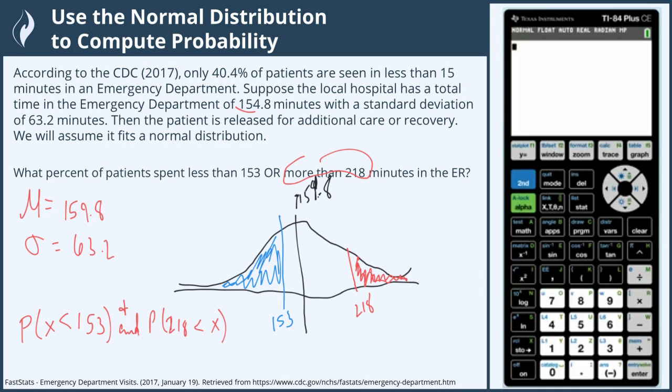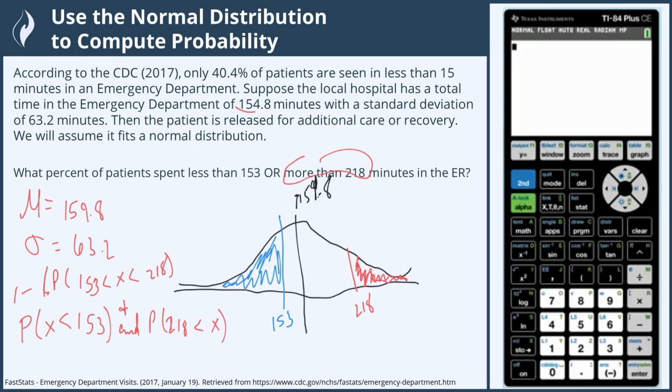And like I said, we're going to have 1 minus the inside. So 1 minus the probability that 153 is less than x, less than 218.